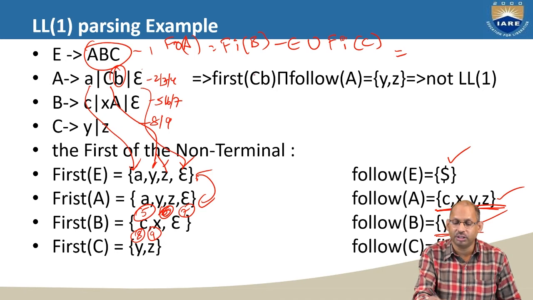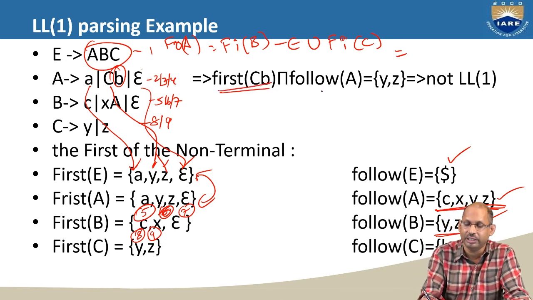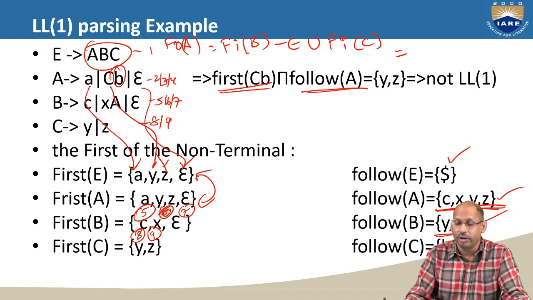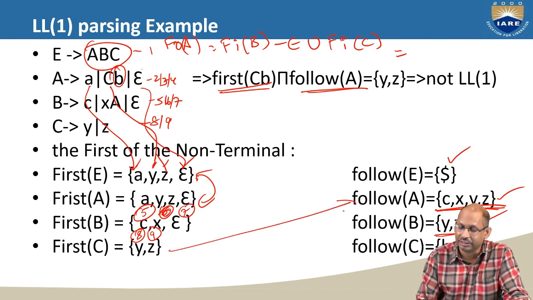Now, if we observe here, the intersection of first of CB and follow of A, right? It has multiple productions, one of them is epsilon. So we consider this one. What is the common thing? Follow of A and first of CB, considering first of C, means YZ.